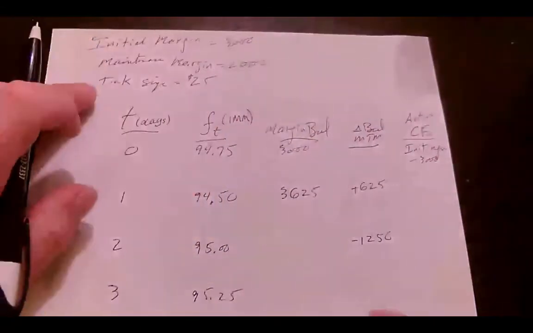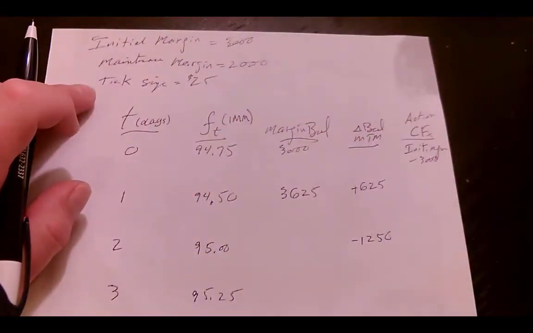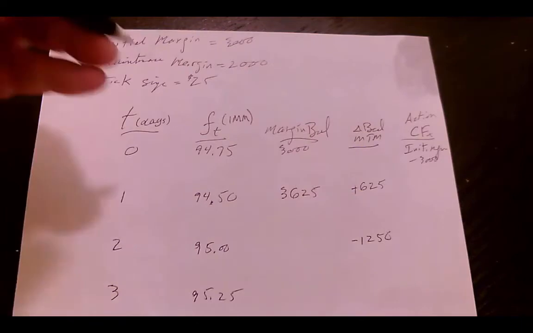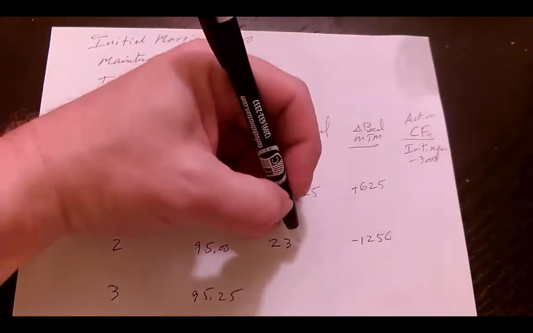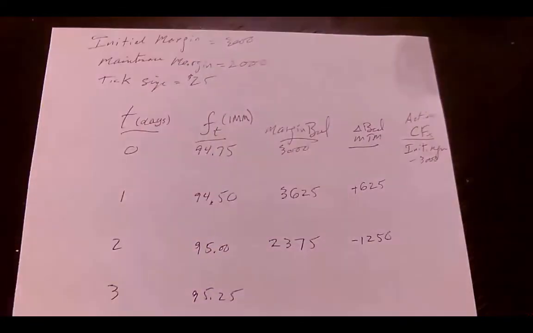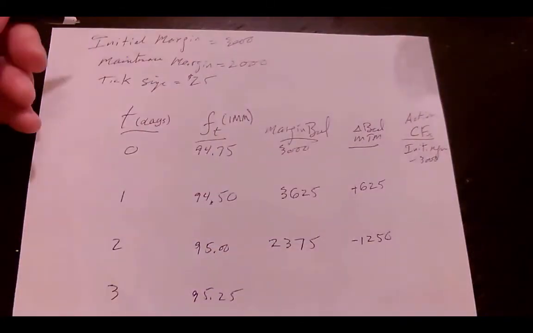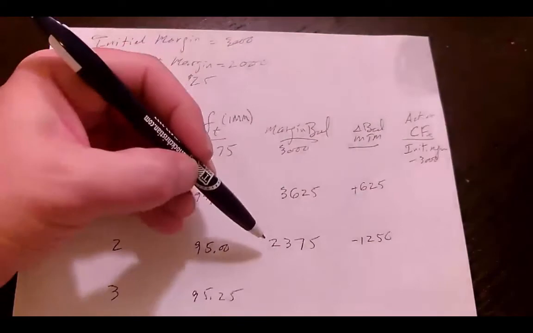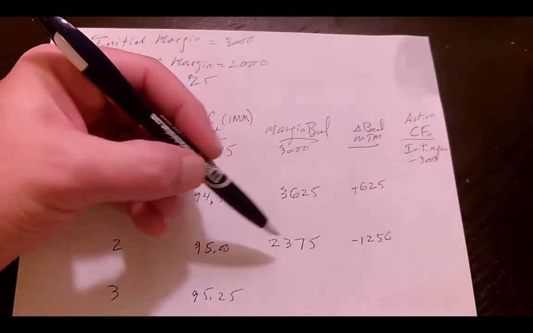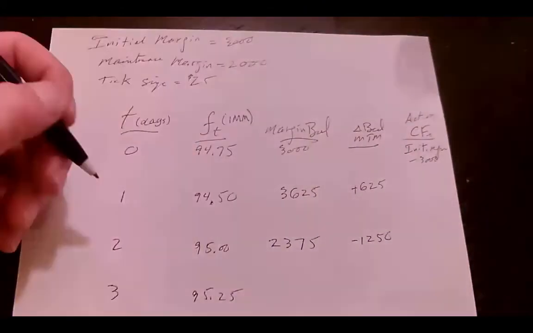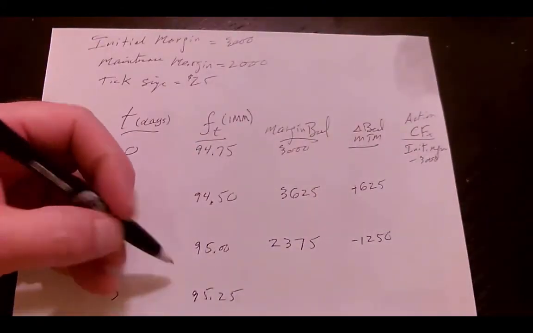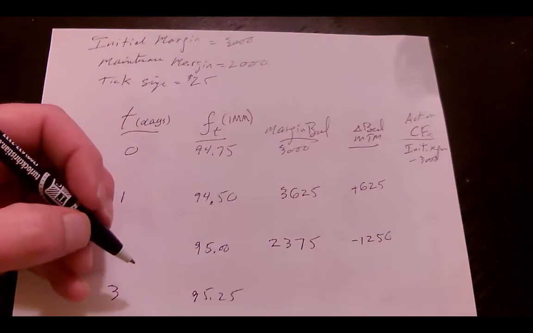So 3625 minus 1250 gives us 2375. And so that's the end of day 2. It's still above our maintenance margin of 2,000, so we're not required to do anything. It's just that our margin account is now down to 2375. But we still have our short position.